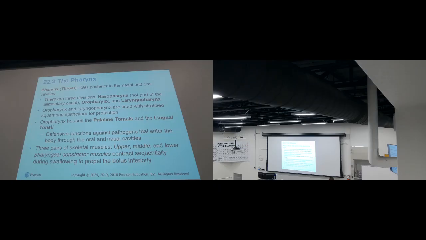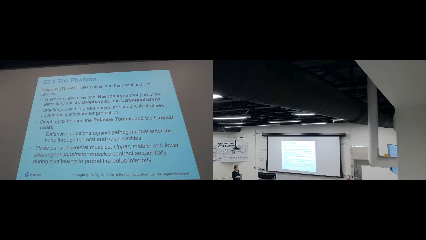And then below, just posterior to the larynx, we have the laryngopharynx. The pharynx has three muscles. We have the constrictor muscles, and these are skeletal muscles. So we have the superior, middle, and inferior constrictor. And these are innervated by the vagus and glossopharyngeal nerves.